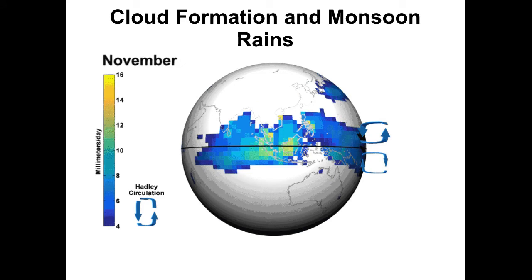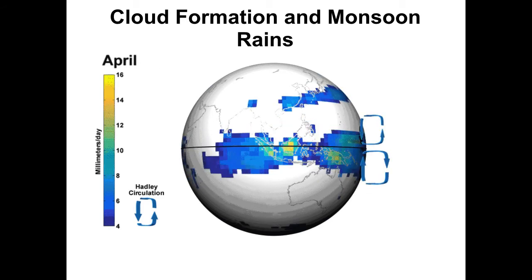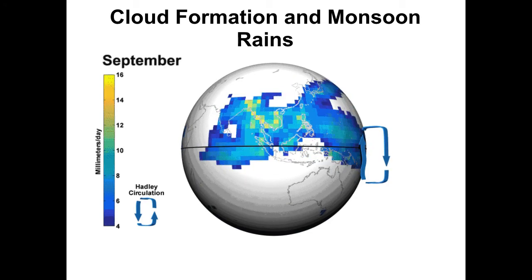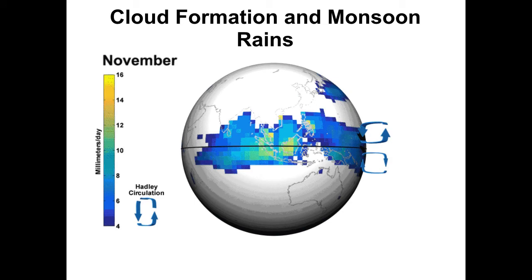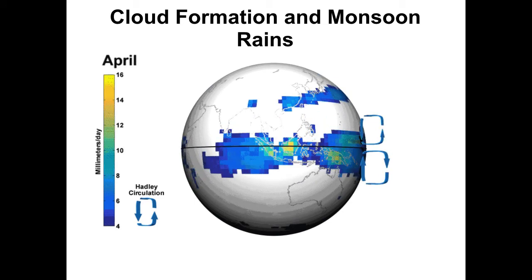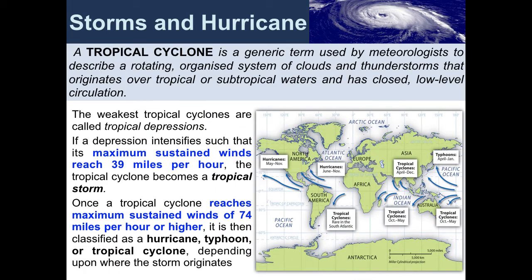Now, any variation in that can lead to storms and hurricanes, when the wind pattern becomes much stronger than normally expected for the basic hydrological cycle maintenance of the water balances. So it becomes storms and hurricanes. What are they? They belong to a specific category called tropical cyclone, the generic term used by meteorologists.